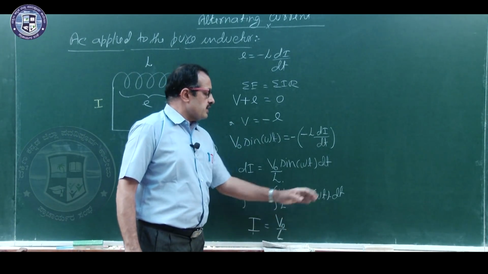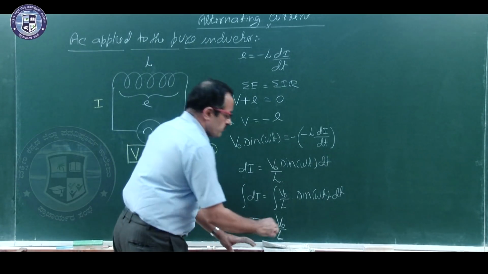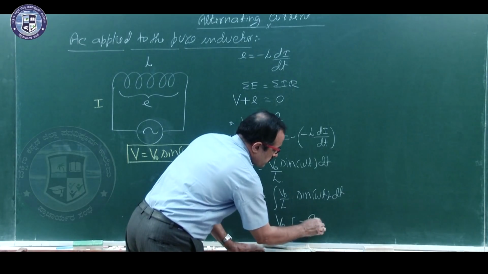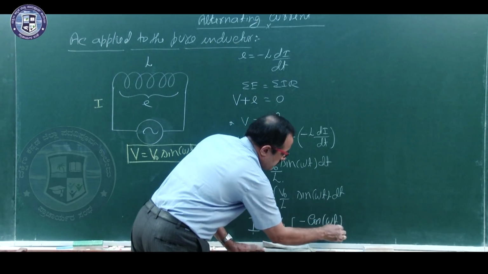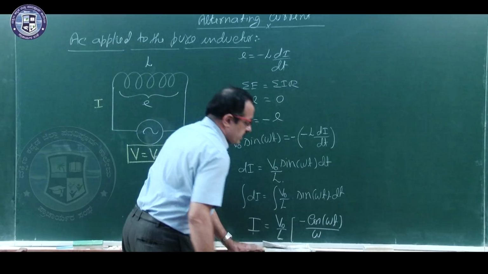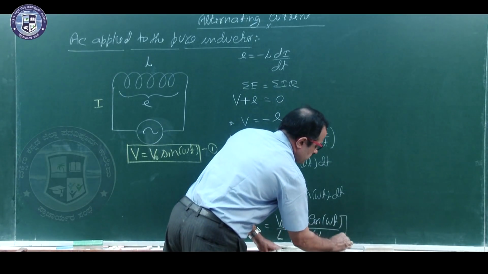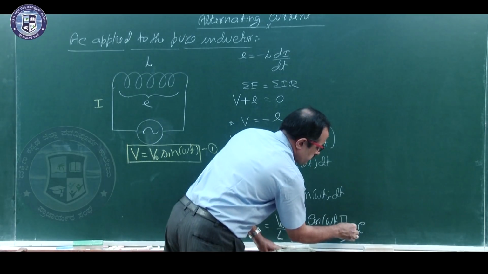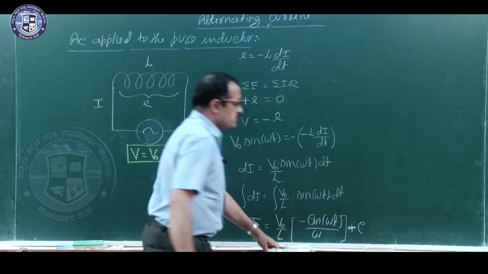Integration of sin omega t dt. But integration of sin omega t is minus cos omega t by omega plus c, the integration constant, plus c.